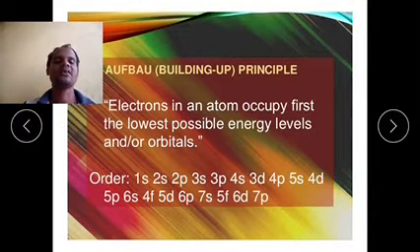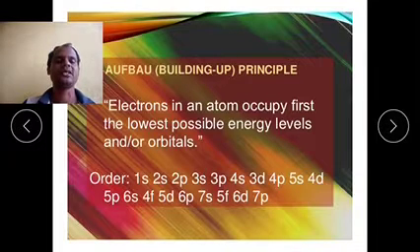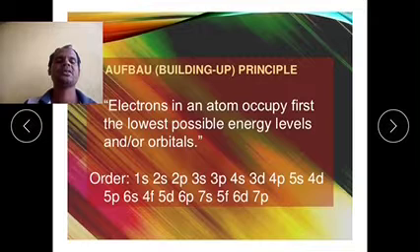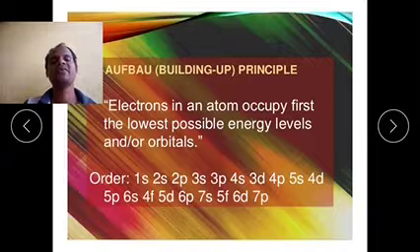The order of these orbitals is 1s, 2s, 2p, 3s, 3p, 4s, 3d, 4p, 5s, 4d, 5p, 6s, 4f, 5d, 6p, 7s, 5f, 6d, 7p. These are the energy order of the various orbitals.